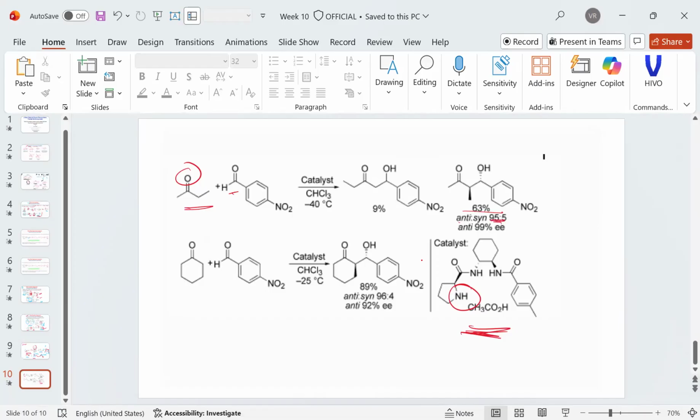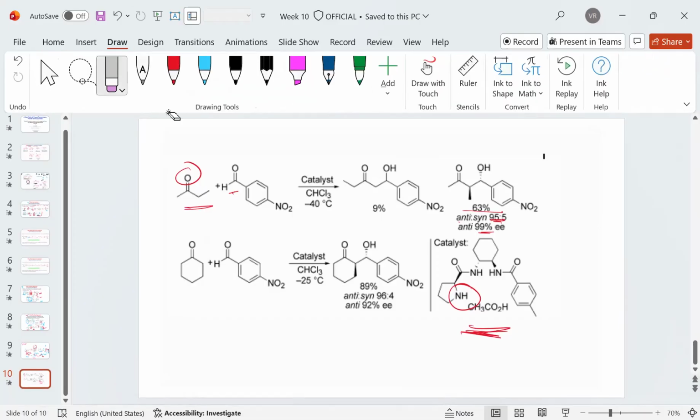Forget about the enantiomeric excess mentioned right now. Anyway, in this case we are getting the anti product as the major product.